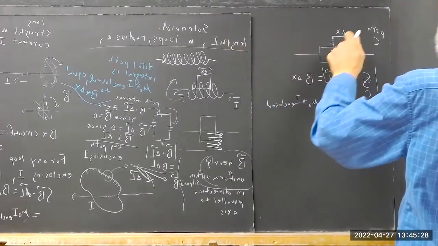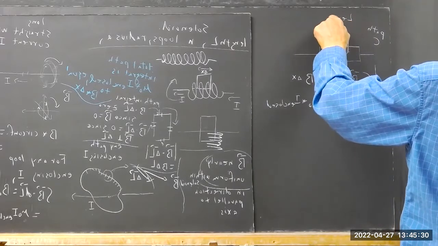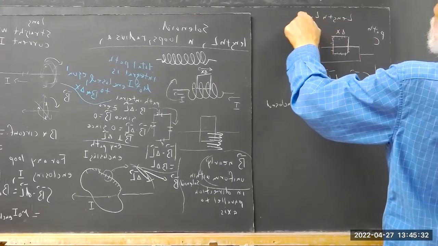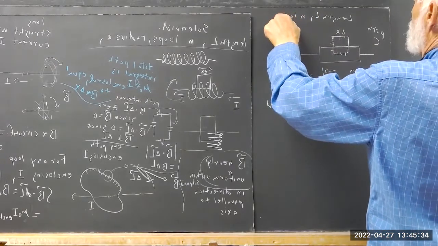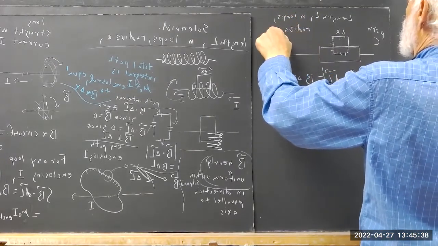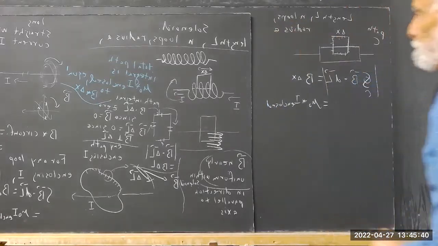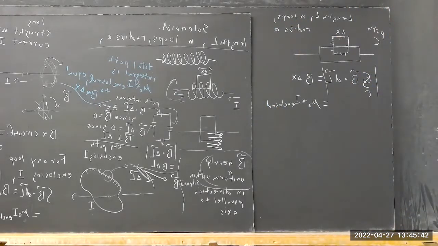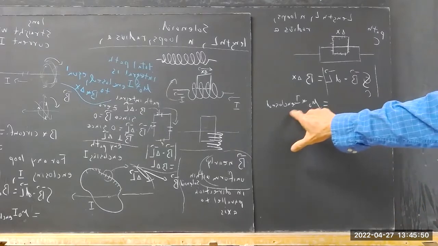Okay, again, it's the same solenoid. I'll remind you here, length L, N loops, radius A. Well, what's your I enclosed?